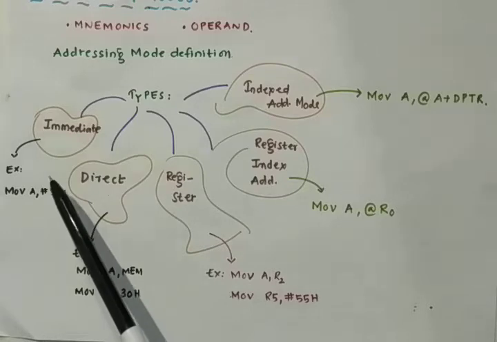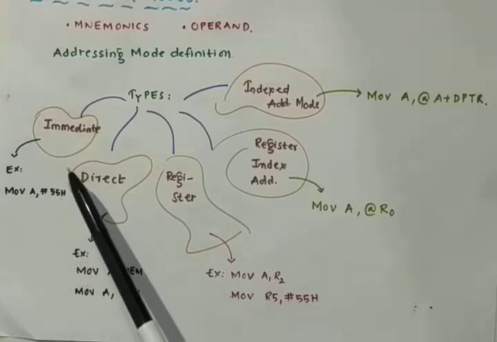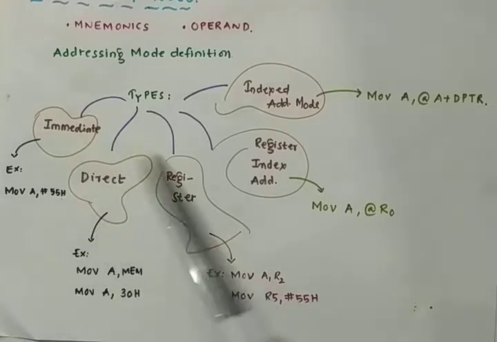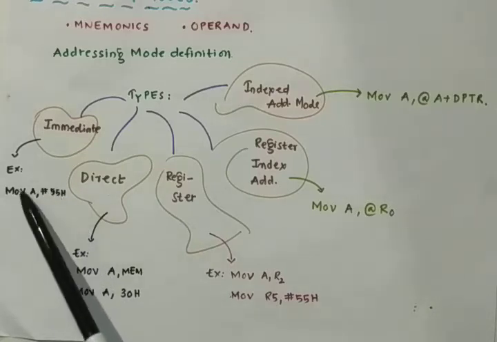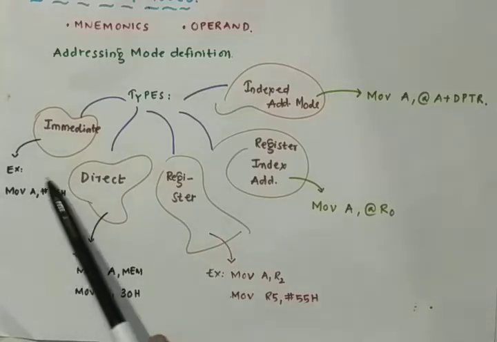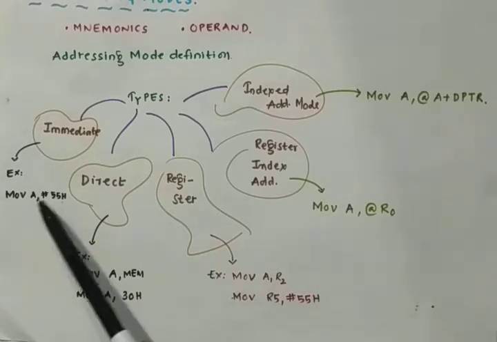This addressing mode is mostly used to place a numeric value in a register or memory location. So a numeric value will be moved into a register or into a memory location. A is a register inside, but we can write a memory location here also, so that 55H will be moved into that memory location.